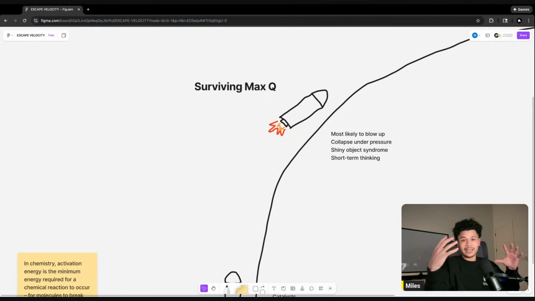It's when the rocket is literally bending and twisting and contracting, and this is when the whole rocket gets stress tested and it's most likely to blow up, all right? So your objective here in anything, or if you use this as a metaphor, like when you're training your dog, the objective here is to survive, okay?